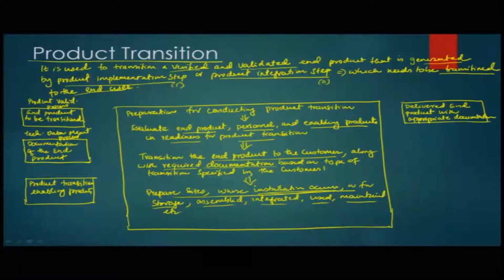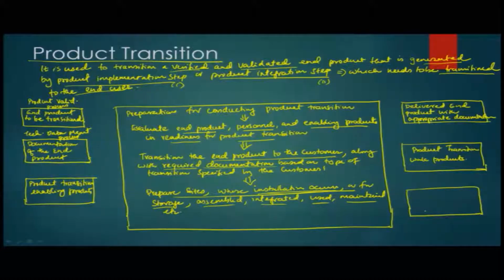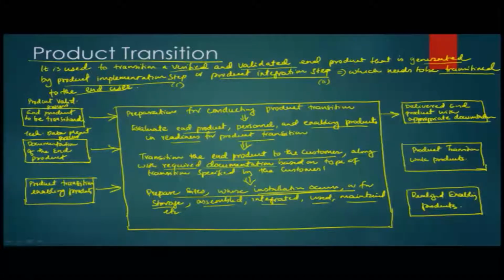Then we also will have what we call the product transition work products, and then the third one is the realized enabling products. Okay. So, the 3 inputs into the process translate into 3 outputs.